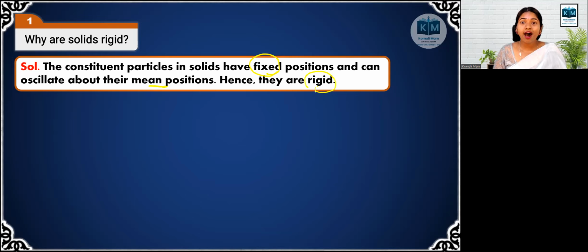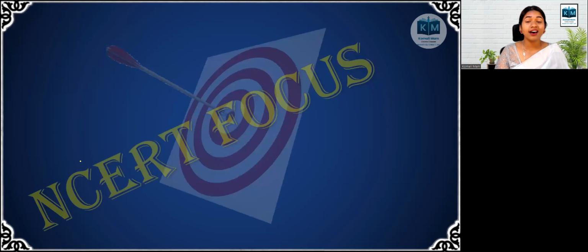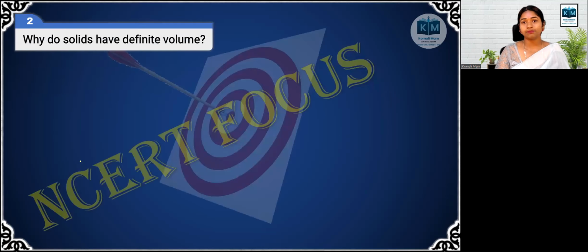That's why they are rigid in nature. They are not flexible. Why are solids rigid? Because their positions are fixed and they can't move from their position. Only they can oscillate about their position. That's why they are rigid in nature.